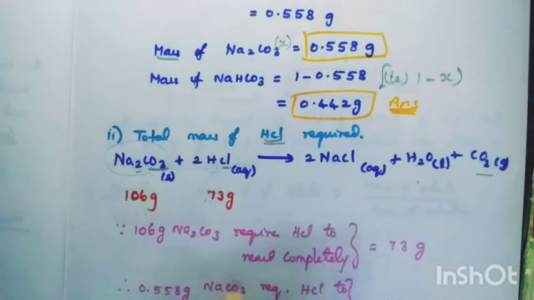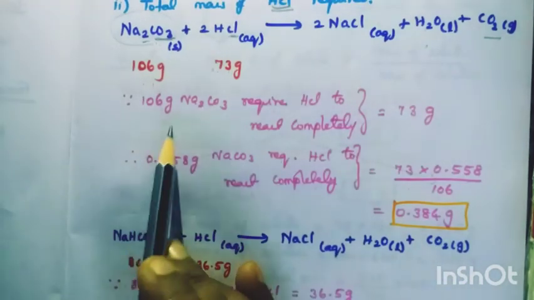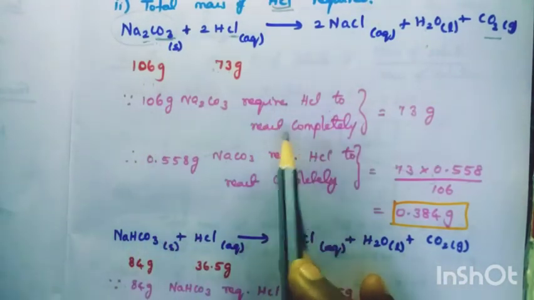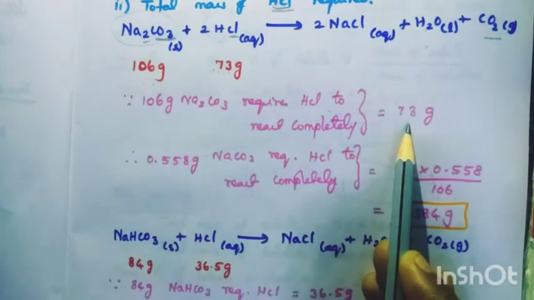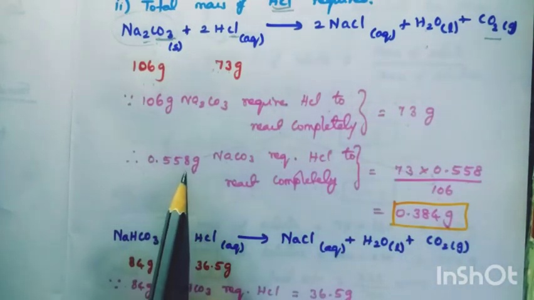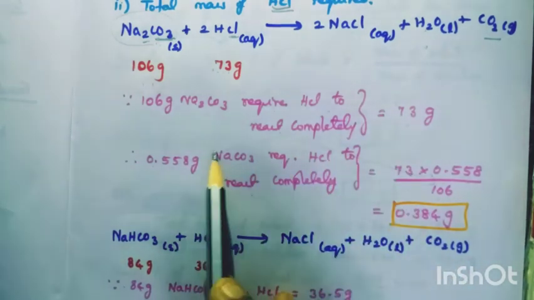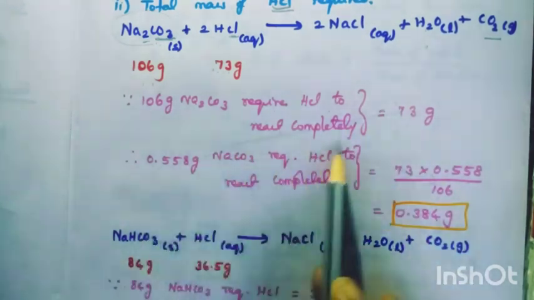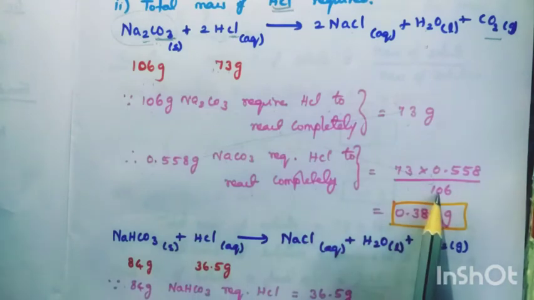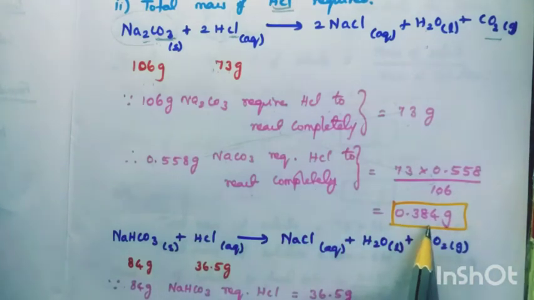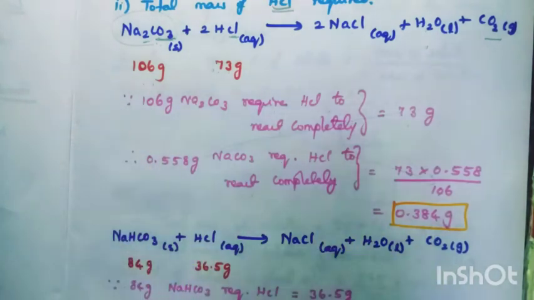Cross multiplication: 106 gram requires 73 gram of HCl, so 0.558 gram of sodium carbonate requires 73 into 0.558 by 106. So the answer is this one. So we found the HCl to react with Na2CO3.